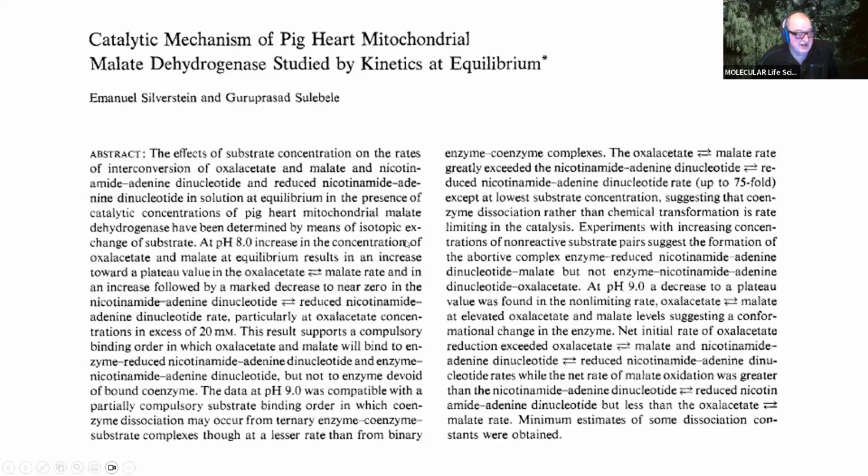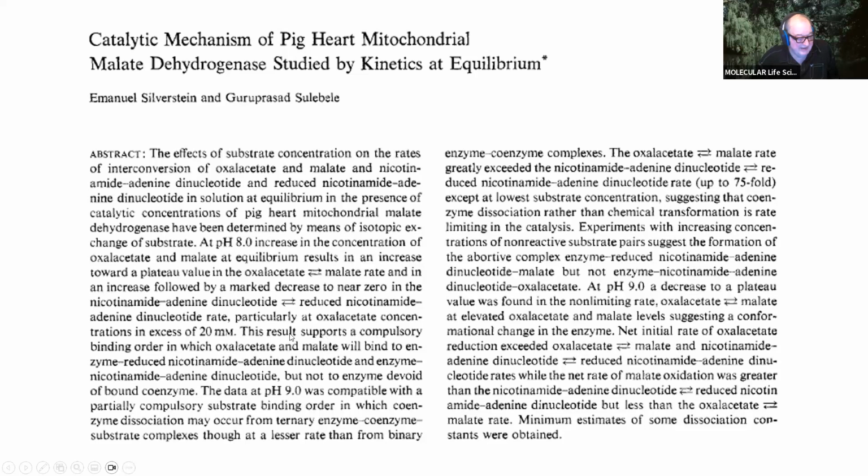Because in essence, if you vary the concentration of a pair that forms an abortive complex, it will slow down all of the exchanges. So it's a cool way to look at whether or not you're forming abortive complexes.